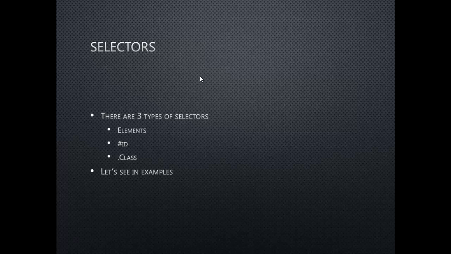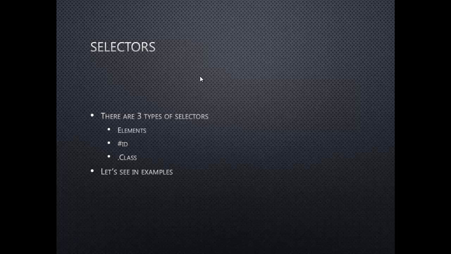Class is nothing but the CSS class, where you can give a style or class to the HTML markup. You create a style within the class, and you can use the class wherever you want to. ID is nothing but the identifier of the HTML.